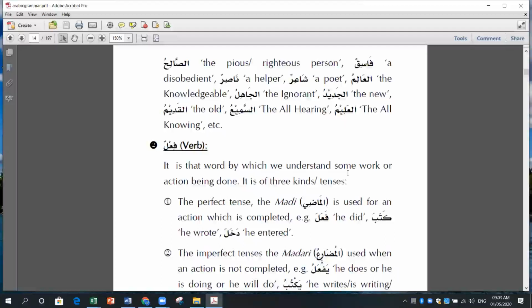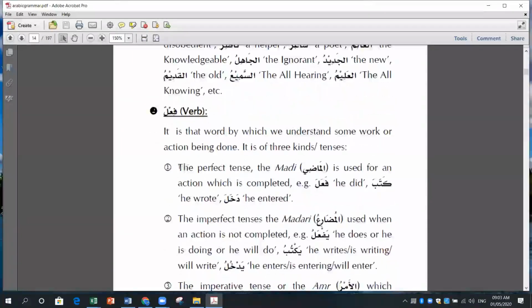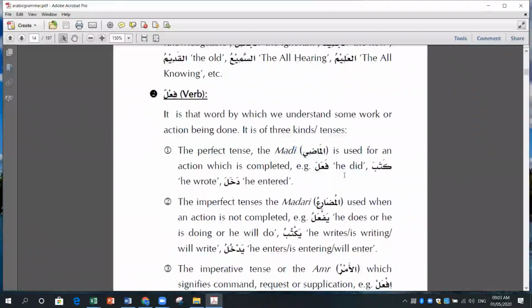If the verb is happening in the past and it is completed, then it is the perfect tense, like it has perfected. It has been done. So this is fi'l madi. And it will always come on a scale.